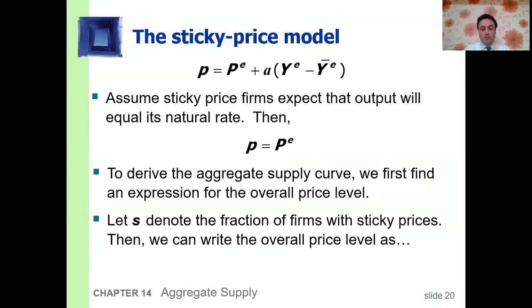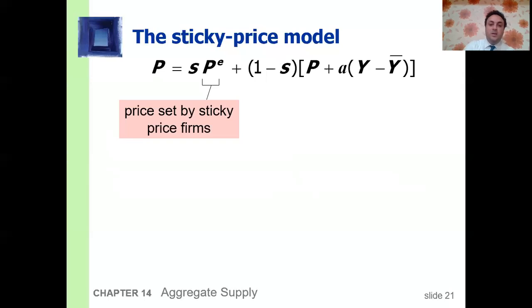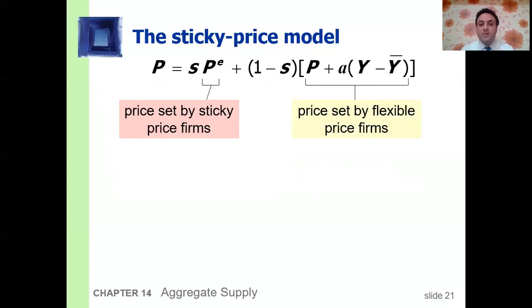Let S denote the fraction of firms with sticky prices. Then we can write the overall price level. As you can see, this is the price set by sticky price firms, and this is the price set by flexible price firms.